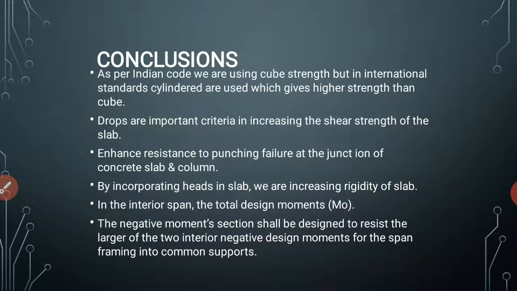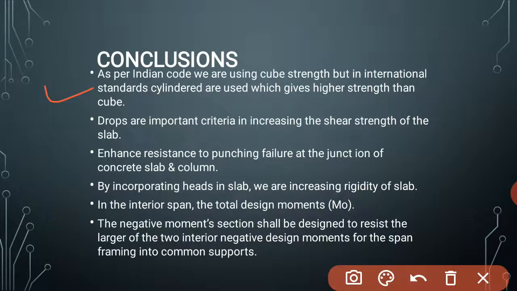What is the difference between the normal one way, two way slab and flat slab design? As per Indian IS code we are using cube strength, but in international standards cylinders are used, which give higher strength than the cube. This is a very important thing.